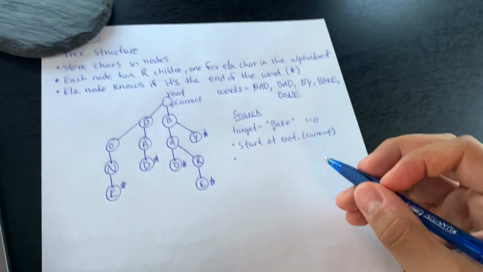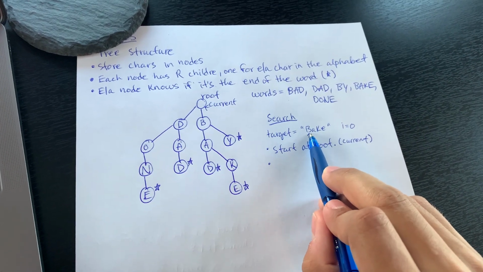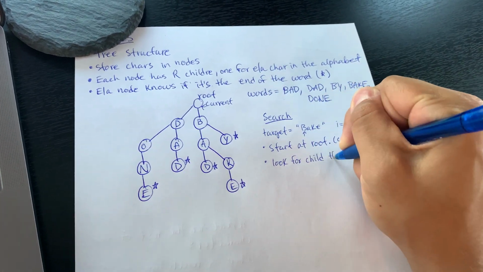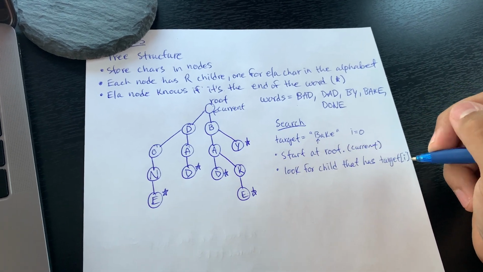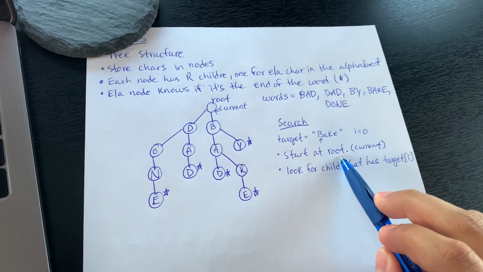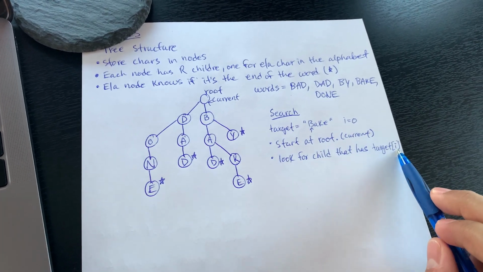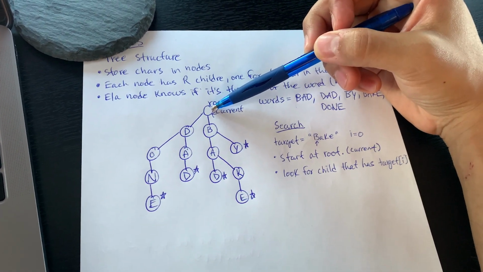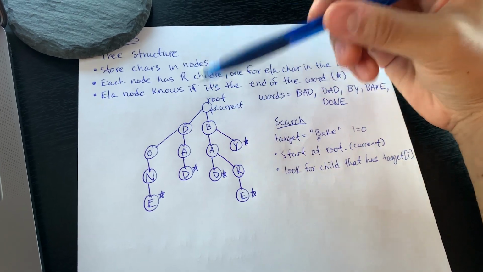What we'll do is look for a child of the current node that contains target at index I. So again, we'll start at the root node, mark that as current, and then look for a child that has target at I. So in our case, we're going to start at the root and look for a child that has the letter B. So we'll traverse to this node and mark this as our current node.